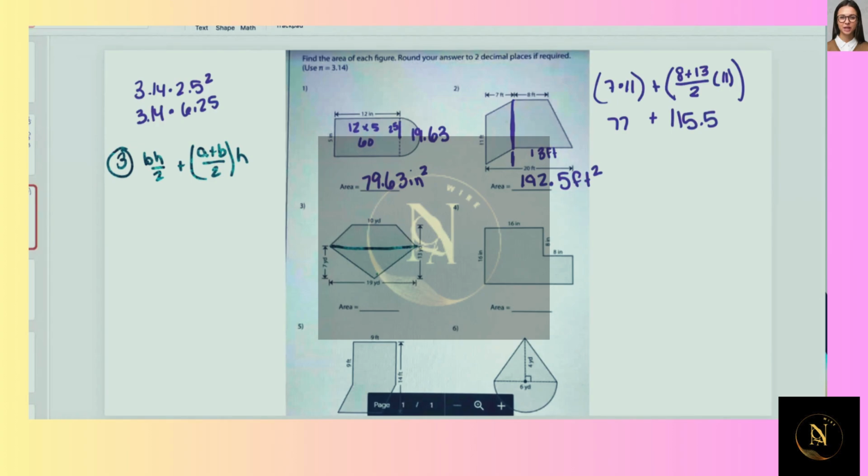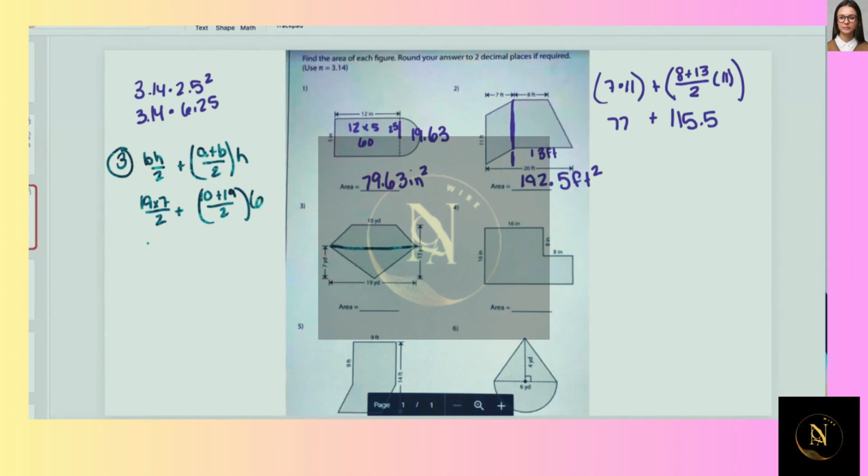So for my triangle, it's 19 by 7 divided by 2, plus 10 plus 19 divided by 2 times the height of 13 minus 7, which is 6.